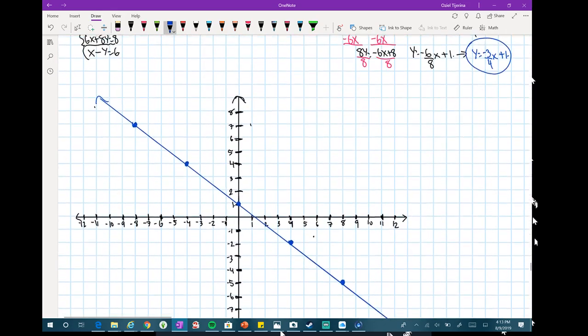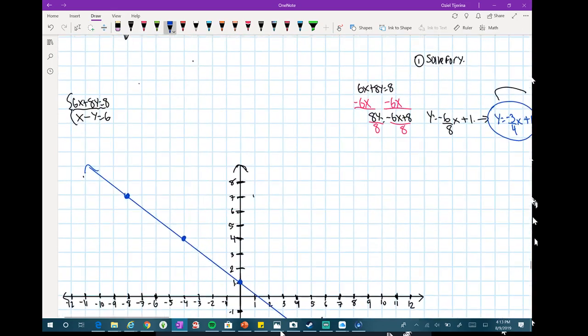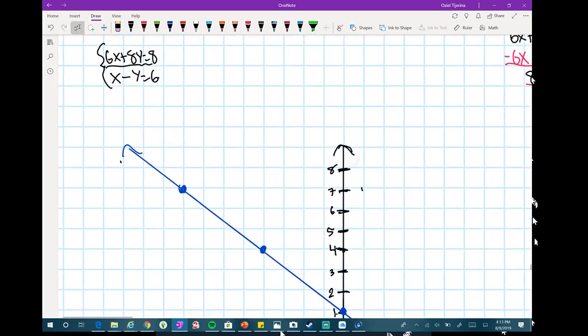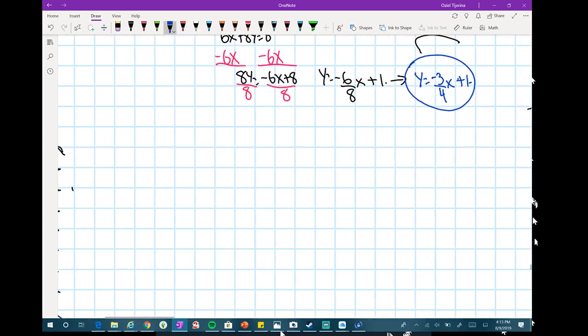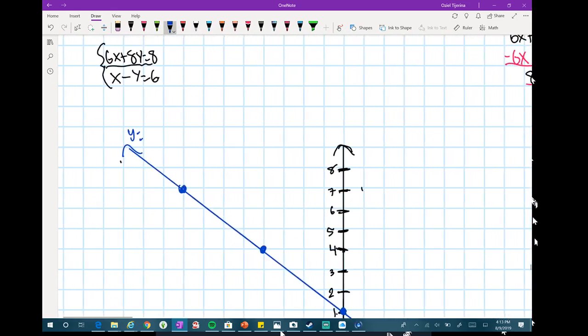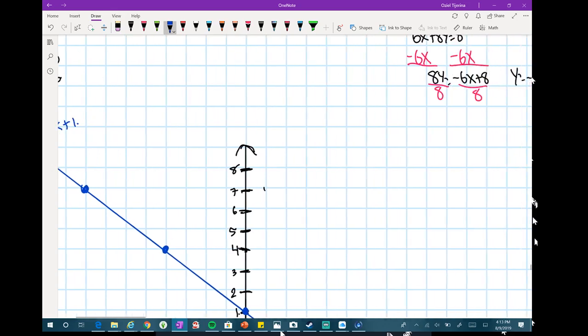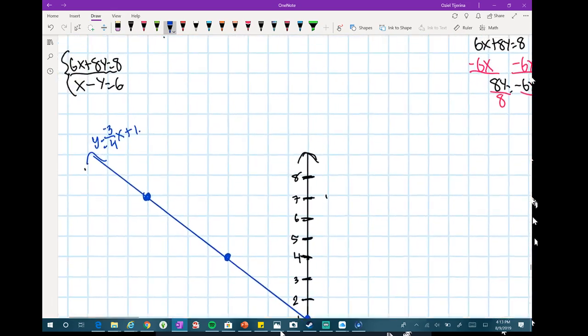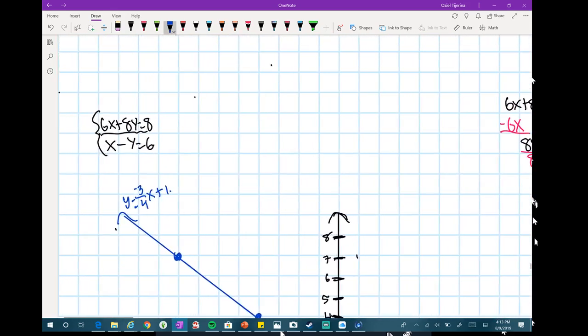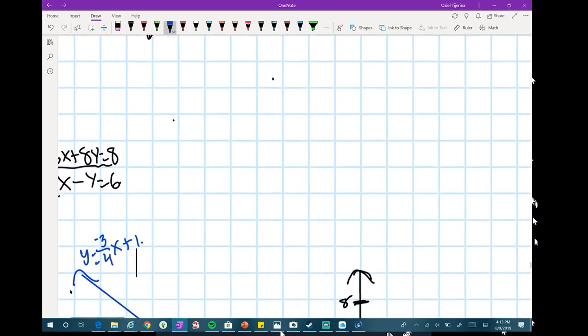And then you want to do your other one. So this first one is y equals negative 3/4 x plus 1. And then the other one, you have x minus y equals 6.